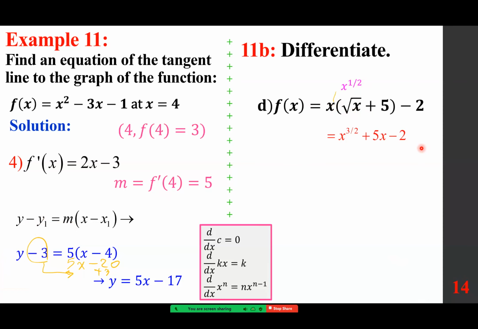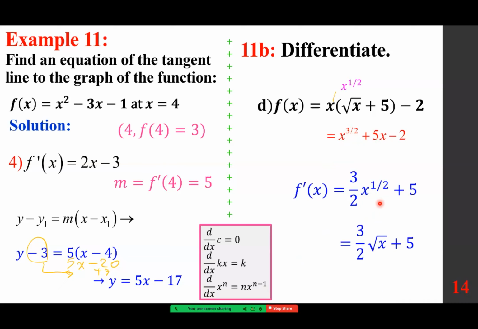So x to the power of 3/2, the rest are very straightforward. To differentiate, the 3/2 sits in front, we are looking at the simple power rule. 3/2 x to the power of 3/2 minus 1 is 1/2. And this is 5. And we change this to the square root of x. So it looks the same.